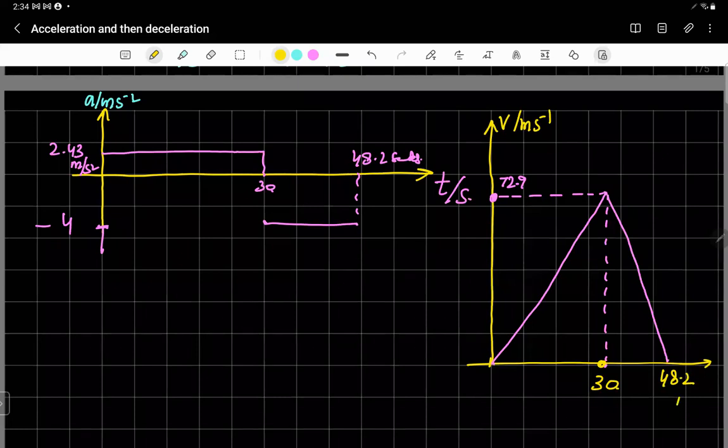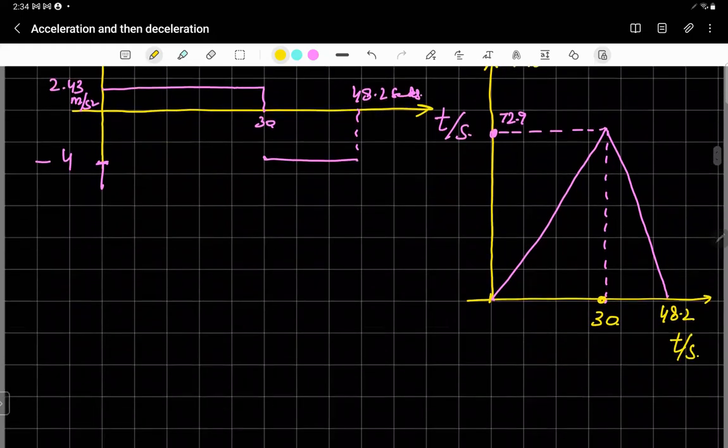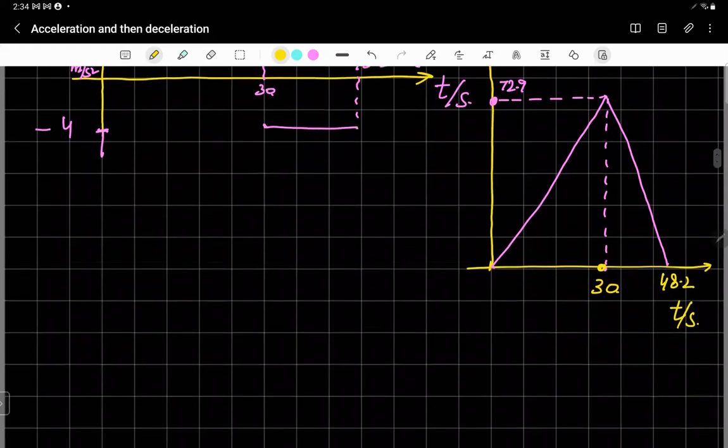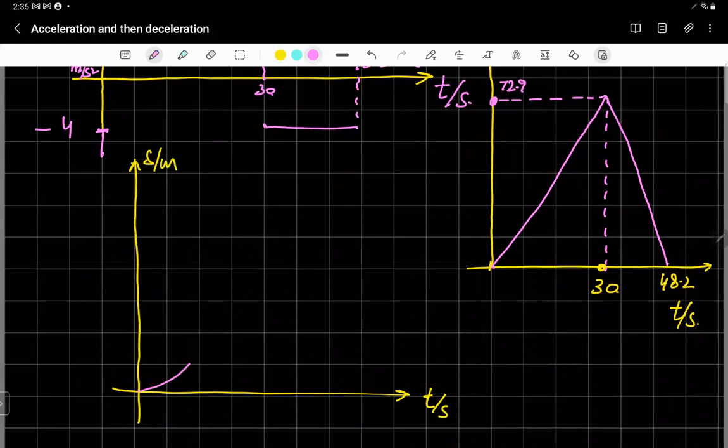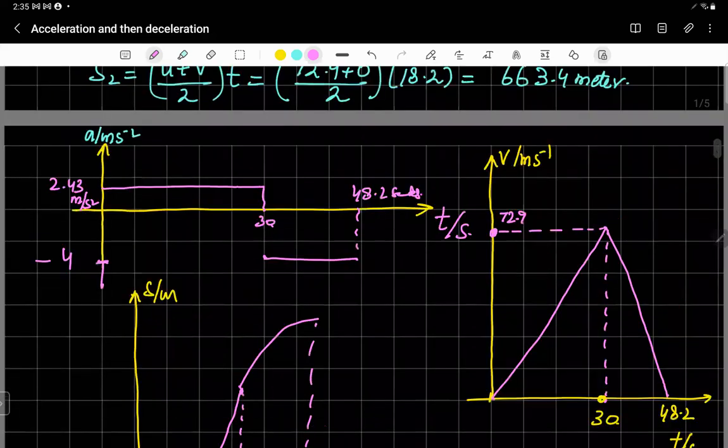And this is how its velocity time graph looks, okay? And its displacement time graph is like this, while accelerating and then while decelerating. This is 30. This is 48.2.